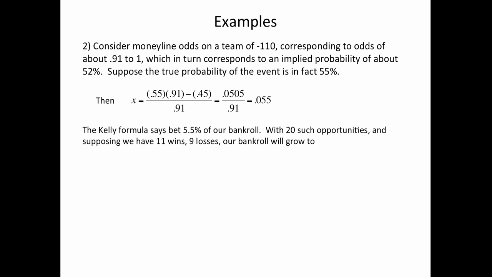Suppose you had 20 such opportunities, and if the real probability was actually 55%, let's suppose that it turned out that way, and you actually get 11 wins and therefore 9 losses. 11 is 55% of the 20, so I win 11 times, I lose 9 times.